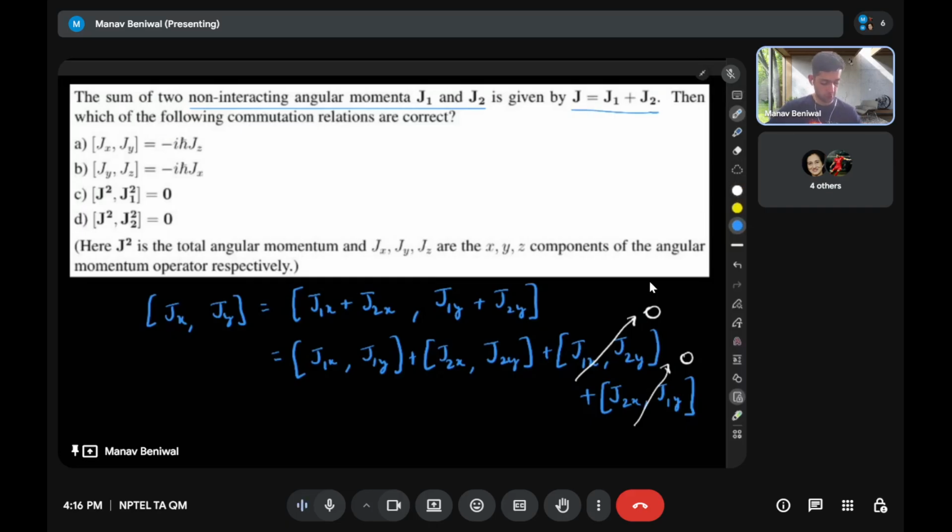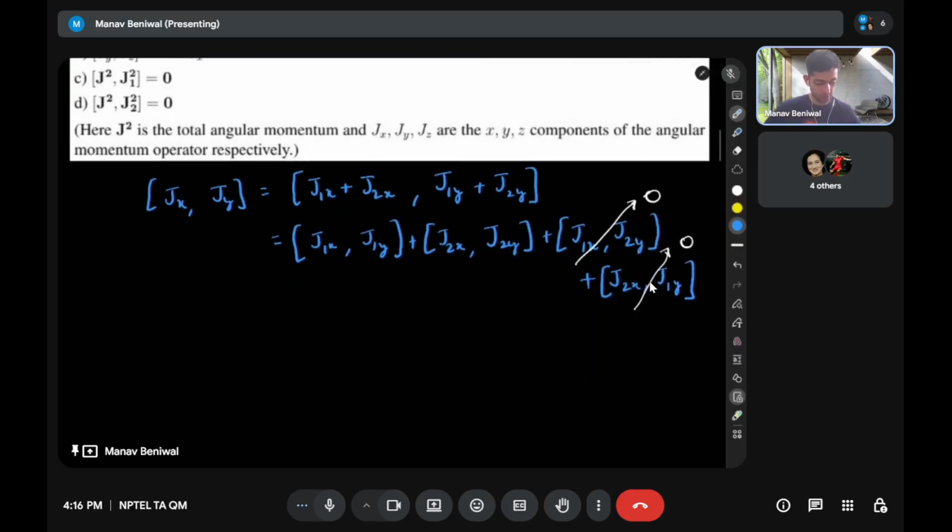Instead, because we know the cyclic relation, this is x and y, so we will have i h-cut J1z. Similarly here, this is again x and y, so we have i h-cut J2z.